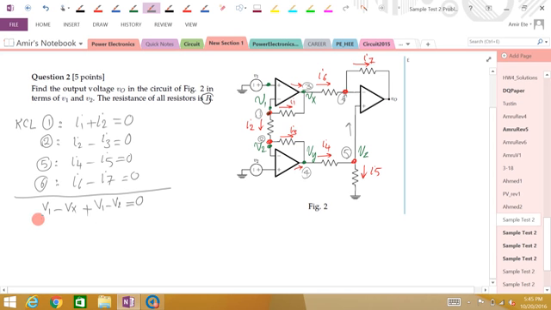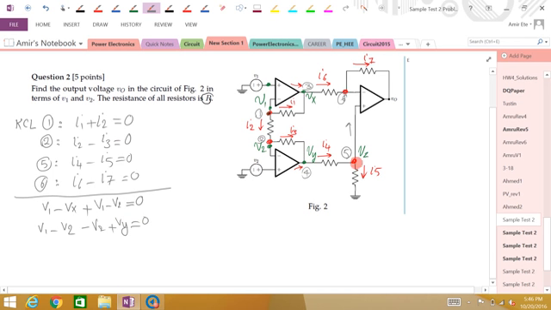So for the second node, V1 minus V2 is I2, minus I3. I3 is V2 minus Vy over R. And I have an additional negative: minus V2 plus Vy. It is V2 minus Vy with this negative sign.